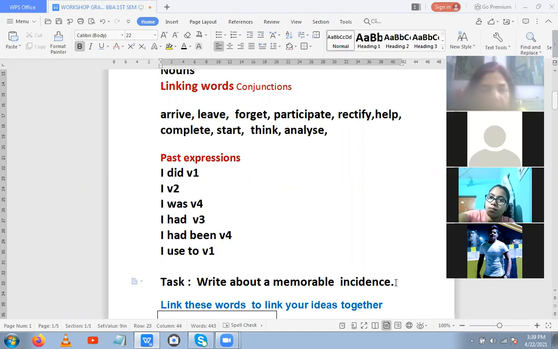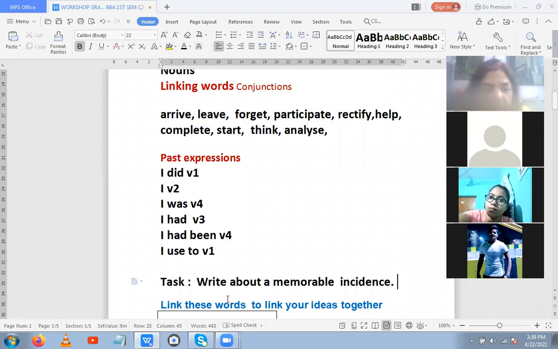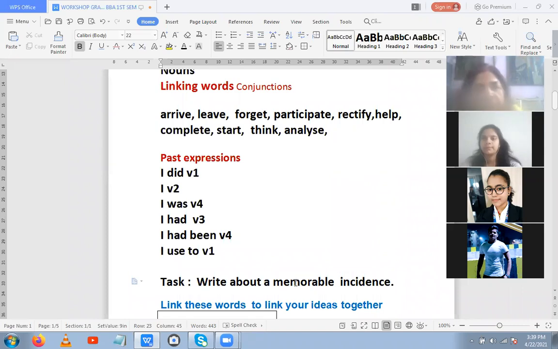You prepare and come up with a speech in the next class, on Saturday. So in the next class, there will be a speech competition regarding your memorable incidents, something which you cannot really forget.